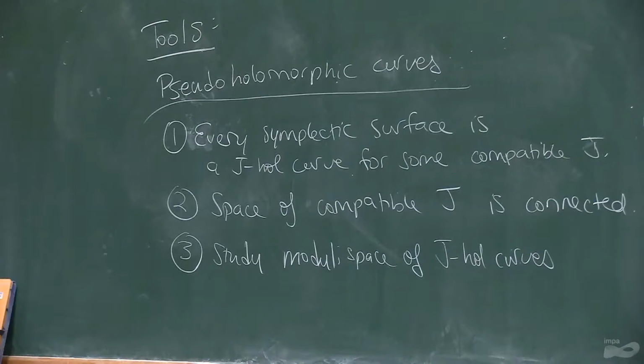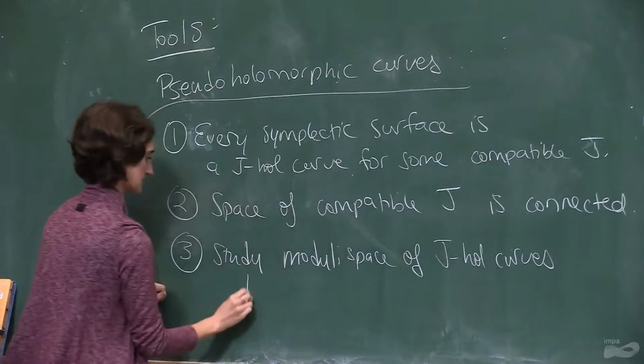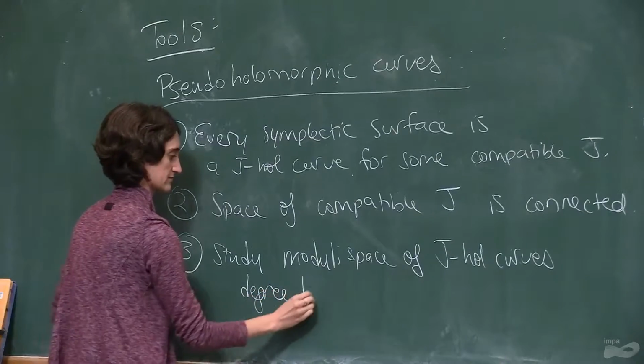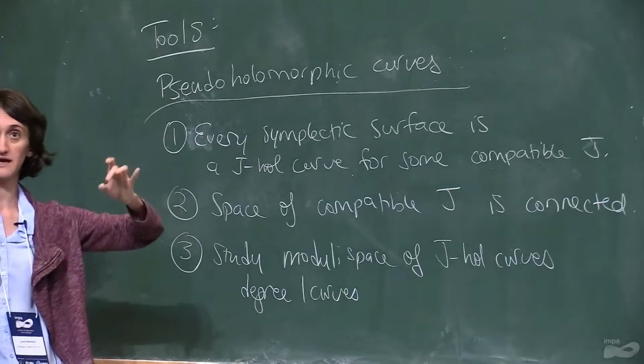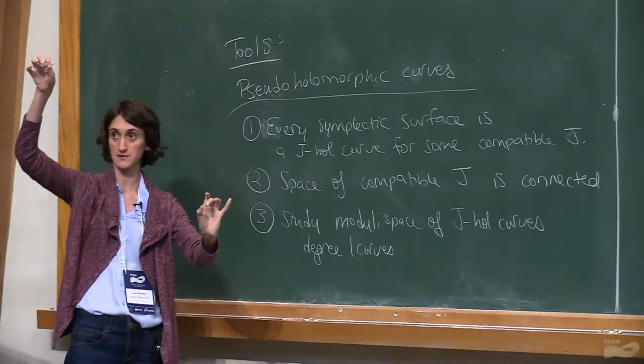What Gromov did is study that moduli space together with an evaluation map, and for degree 1 curves, they're basically determined by asking that they pass through two particular points.